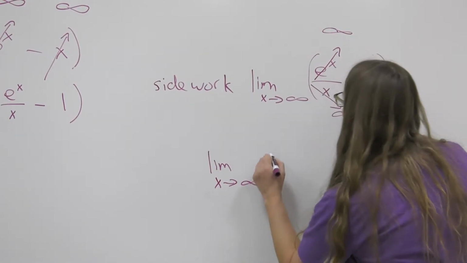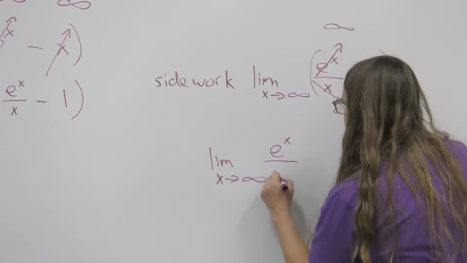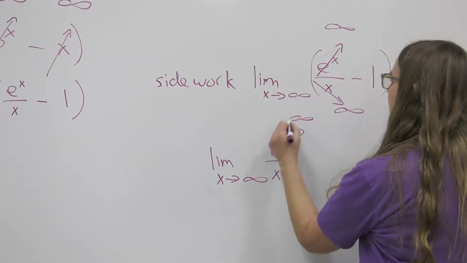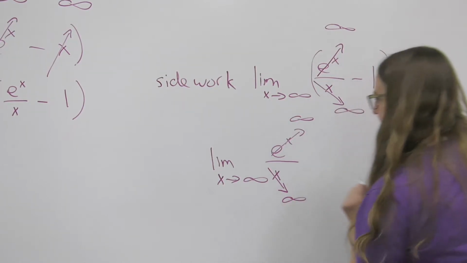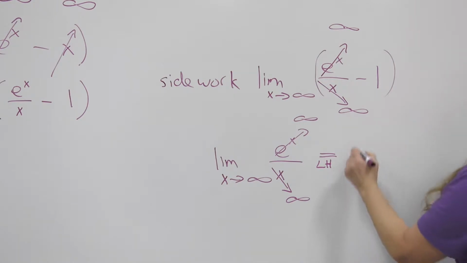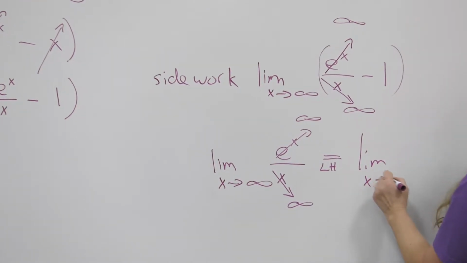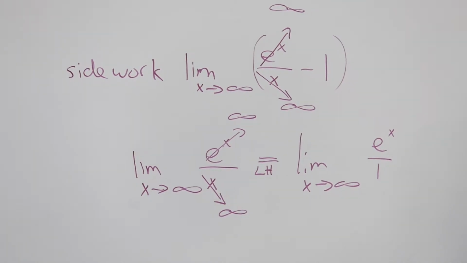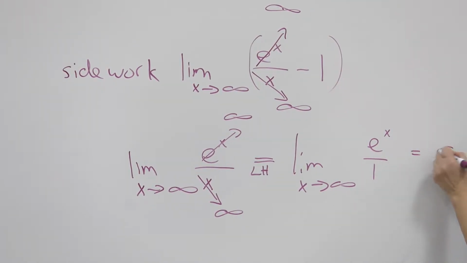The limit as x goes to infinity of e to the x over x. I can use L'Hopital's rule for just that piece. So I can say this is the limit as x goes to infinity of e to the x over 1, which is just infinity.